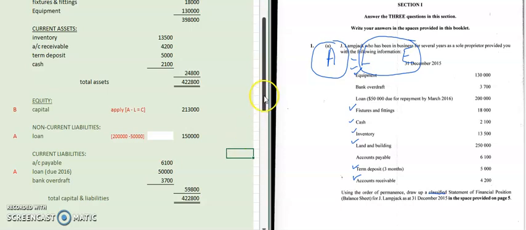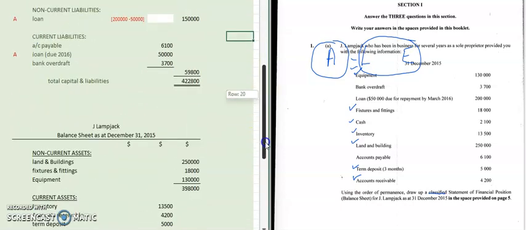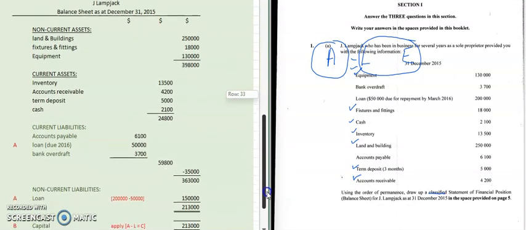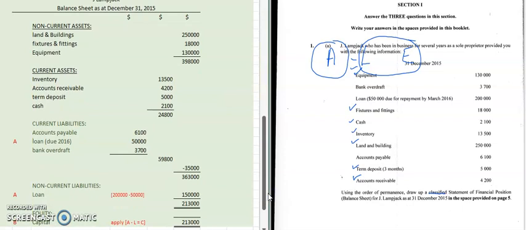Now, of course, we could have presented it in this format, whereby we use what's called the net asset approach. What we would have done is take away the current liabilities from the current assets and get what is known as working capital.